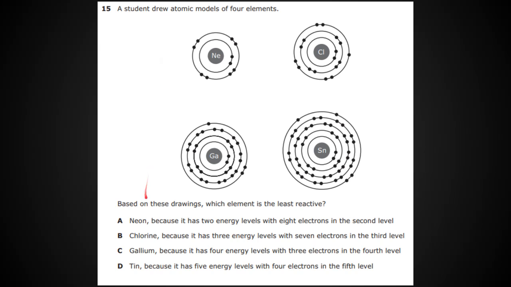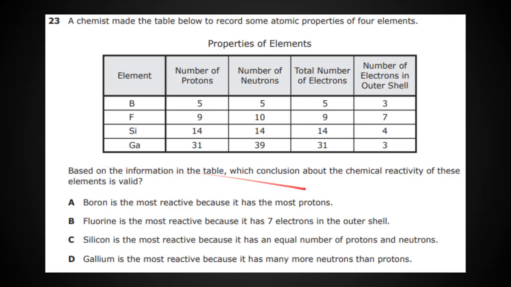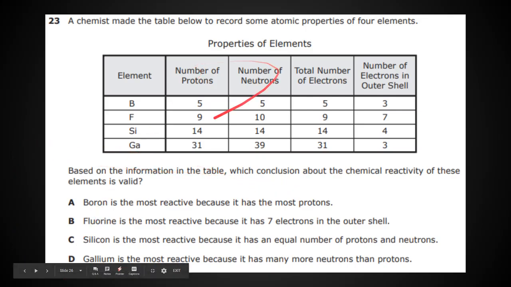Okay, moving on. Based on these drawings, which element is the least reactive? Chemists made the table below to record some atomic properties of 4 elements.